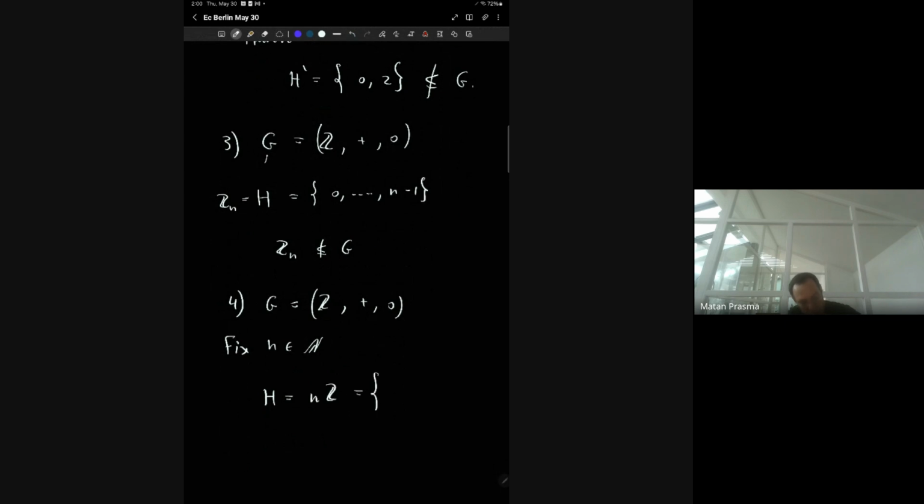This is all the multiples of n. So this is n times x, where x is an integer. Then H is indeed a subgroup of G.